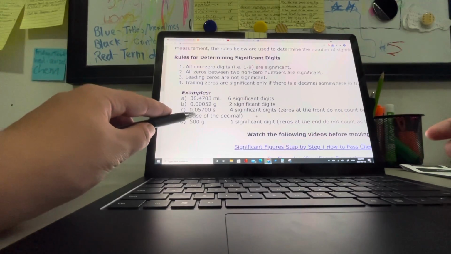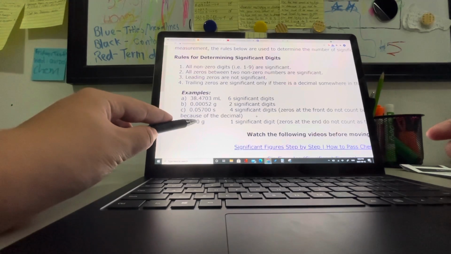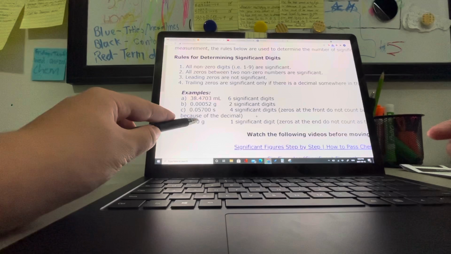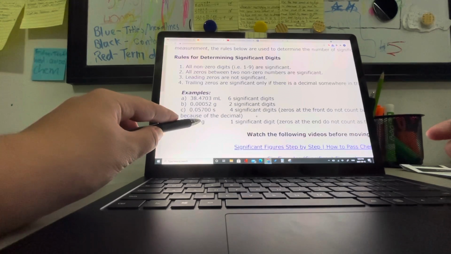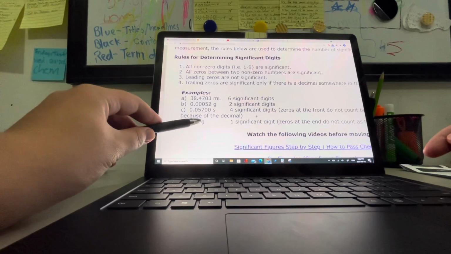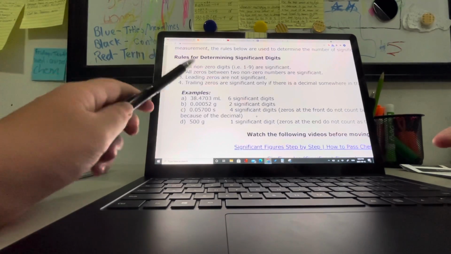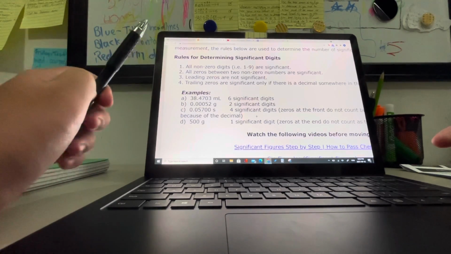If you check these 2 zeros at the end, these are trailing zeros. That means there is not another significant number at the end, so those zeros cannot be counted, unfortunately. If there was another 5 at the end, then those zeros would be counted, and instead of 1 significant figure, it would be 4 significant figures.